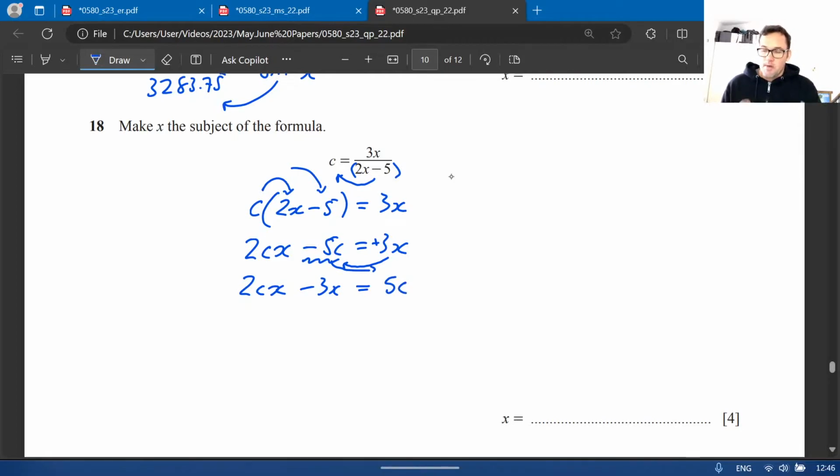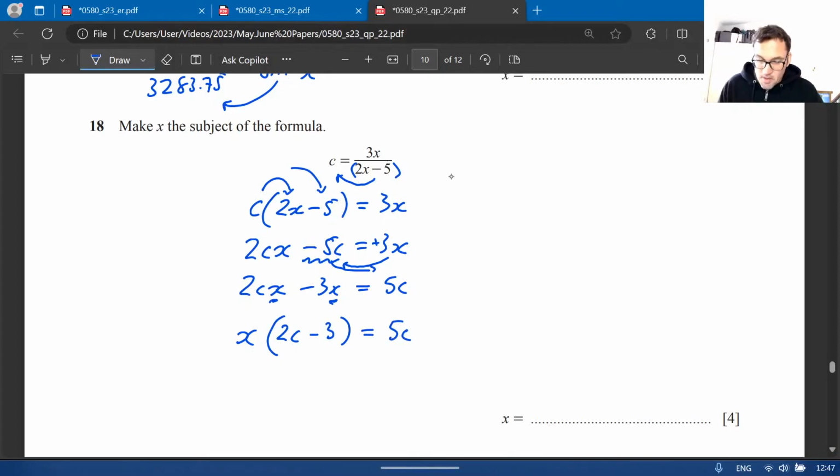This is now when the magic happens, where we have got two x's. We've got to make it into one by factorizing it out. So we take that x, we put it in front of a bracket, and inside the bracket we put what is left. Check that it's right. X times 2c is 2cx. X times minus 3 is minus 3x.